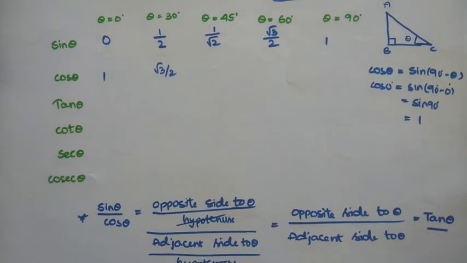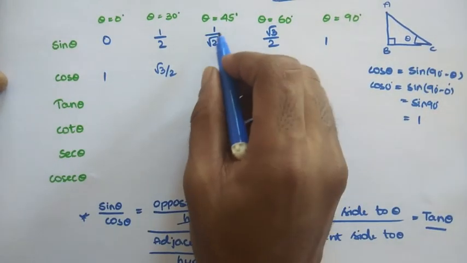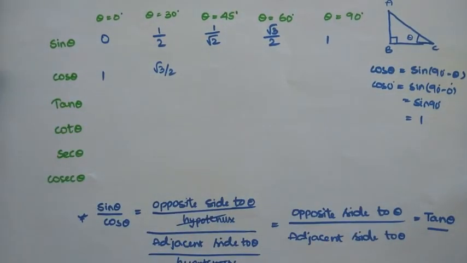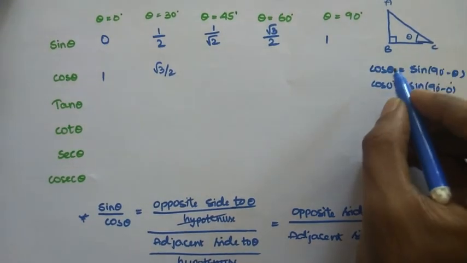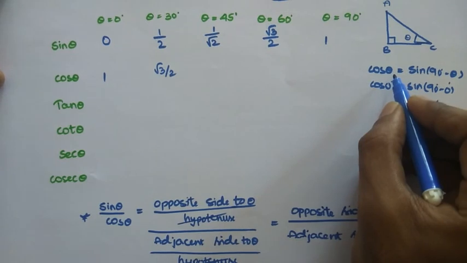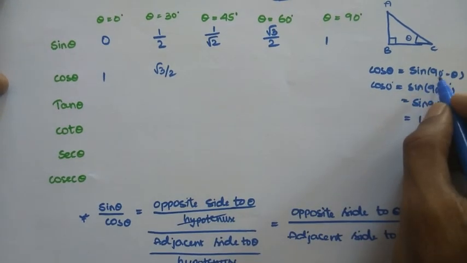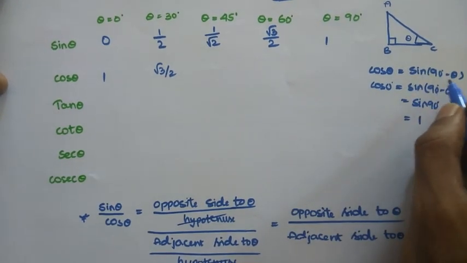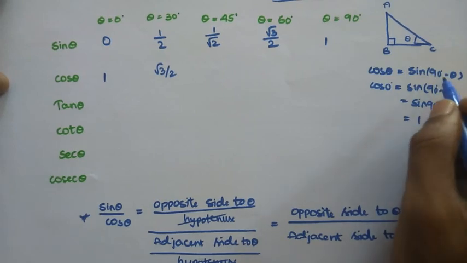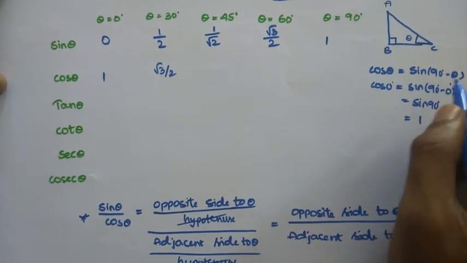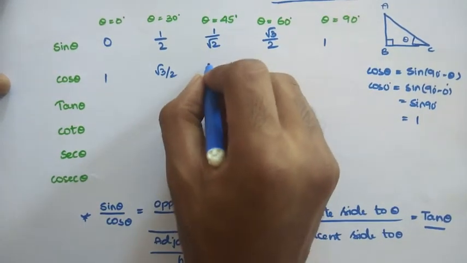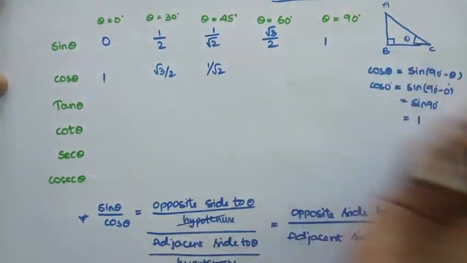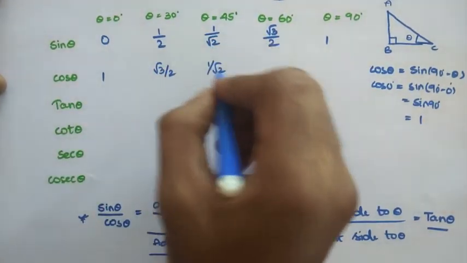If you need cos 45, put theta equal to 45 here. Then cos 45 will be sin of 90 minus 45, which is sin 45 again. Sin 45 is nothing but 1 by root 2. So cos 45 will be 1 by root 2.